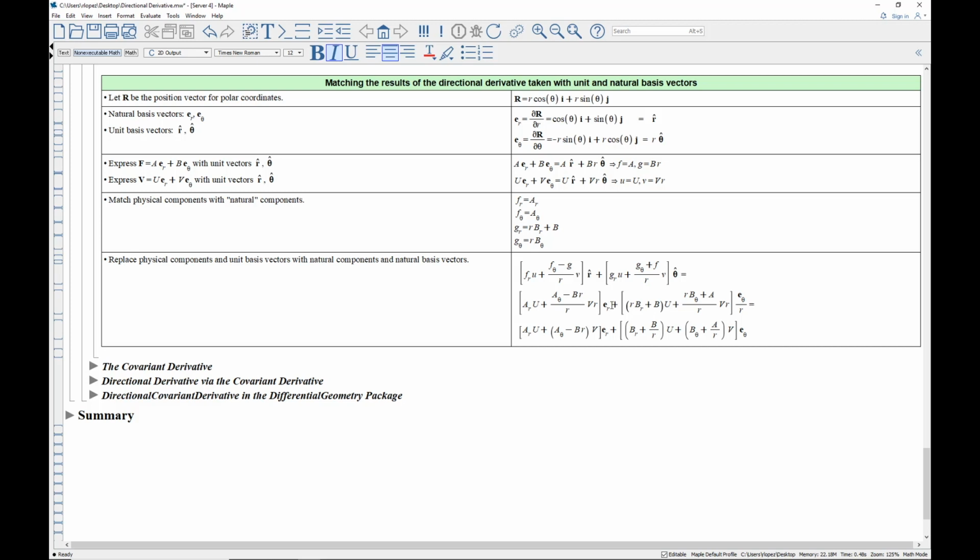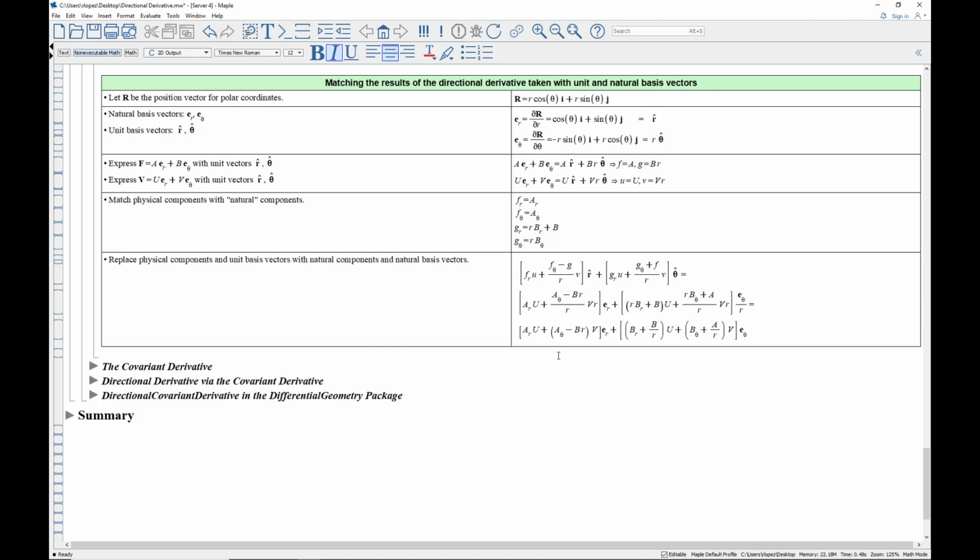And now you're talking natural basis vector. dg dr, 2 terms. R, br plus b. U stays, little u and bu are the same. And then this guy, you have dg d theta, that's r b theta. You have this f is a, the little v, big V times r. The unit basis vector here is natural basis vector divided by r.